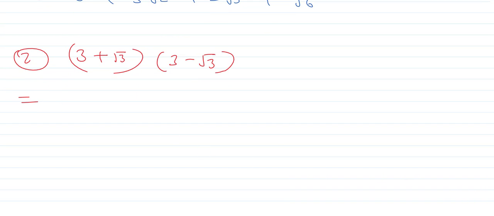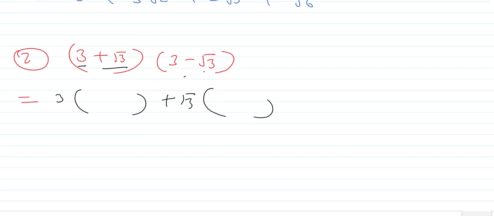As I said, first write 3 into this bracket plus root 3 into again this bracket. This bracket is 3 minus root 3. If you start solving by this expansion, it will be comparatively lengthy. And if you are able to recognize the formula, it is very easy to solve. First we'll solve this. I'll come to the formula now.